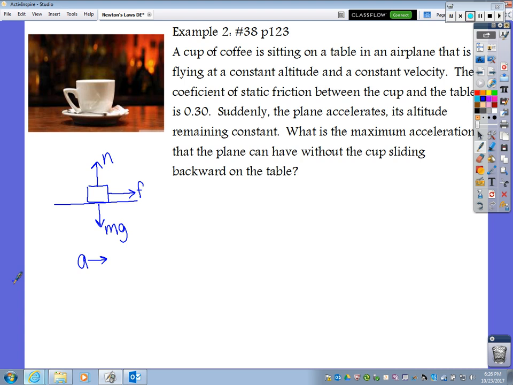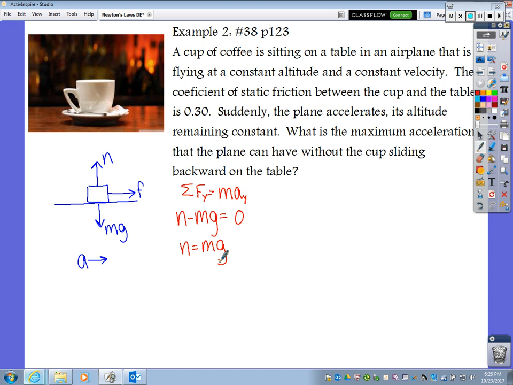So the net force in the vertical direction, let's do that in red. Net force in y is going to be mass times acceleration in y. That'll be normal force minus mg equals 0 because the acceleration's 0. So the normal force equals mg.